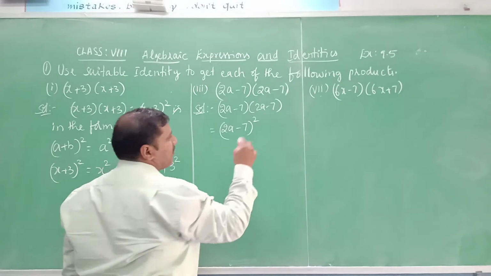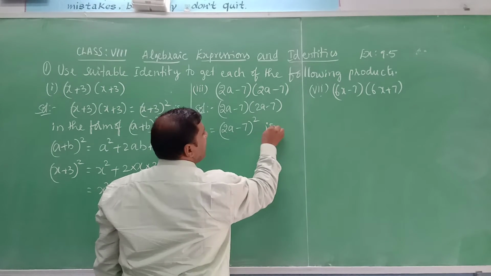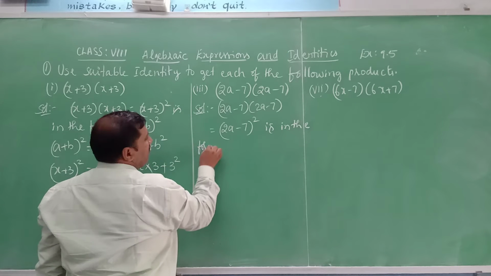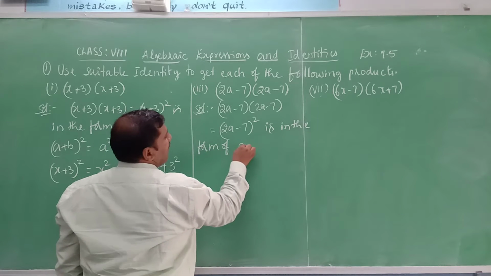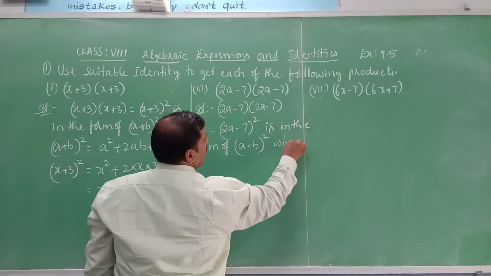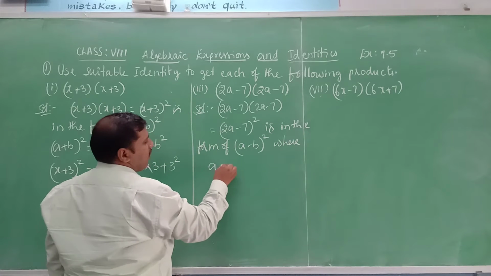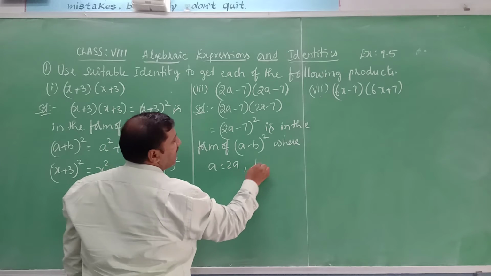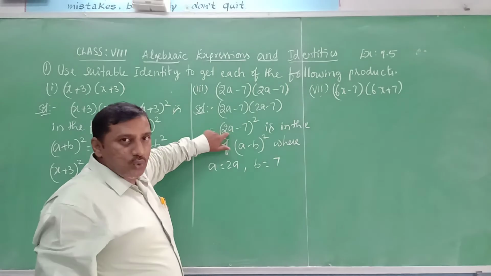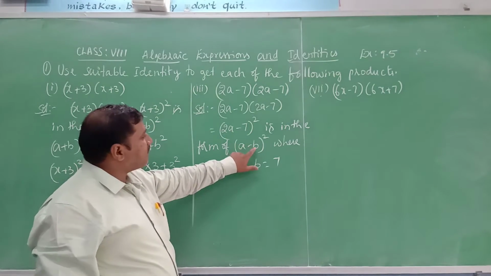So it is in which form? Yes, the second identity, in the form of (a minus b) whole square, where a is equal to 2a and b is equal to 7. A is the first term, 2a, and b is the second term, that is 7.